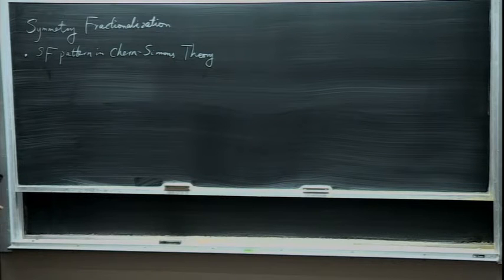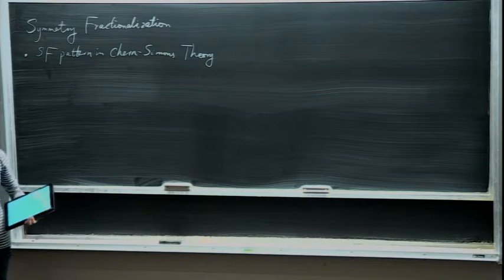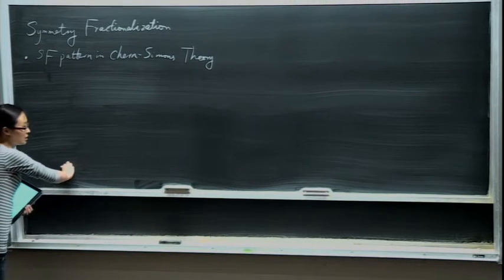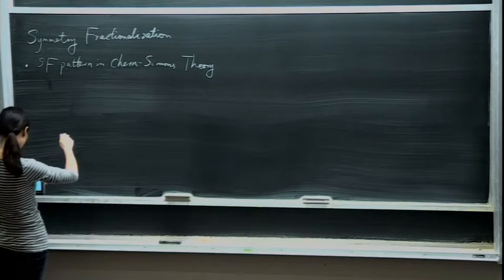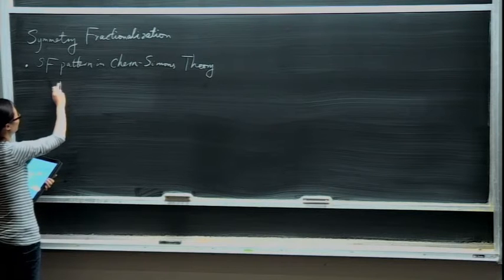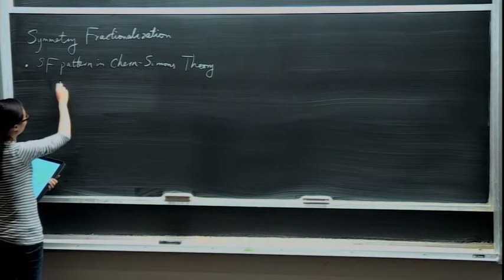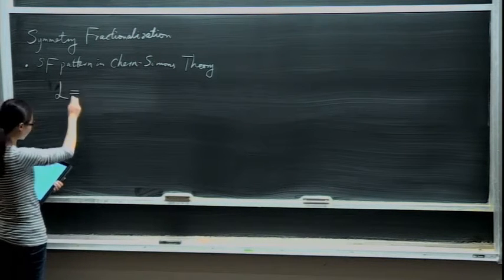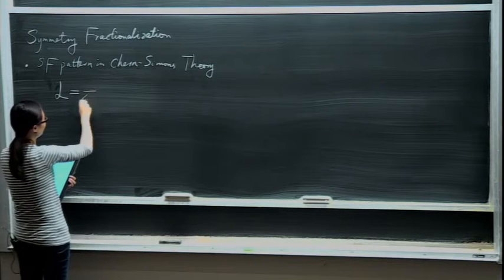I'm only going to talk about the abelian U(1) Chern-Simons theory with multiple components. When we write down a field theory, we don't normally write down the Hamiltonian, we write down the Lagrangian. And the Lagrangian looks something like this.